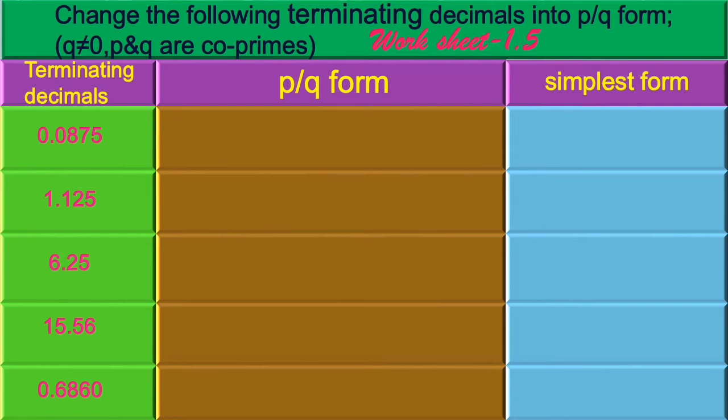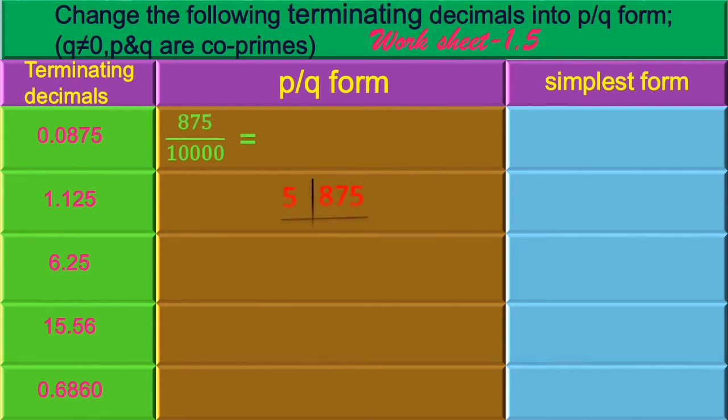Now we need to fill this table. Worksheet 1.5. Change the following terminating decimals into p by q form, where q not equal to 0, and p and q are coprimes. Here in the first row given 0.0875, we can write it in the form of p by q, that is 875 by 10,000.